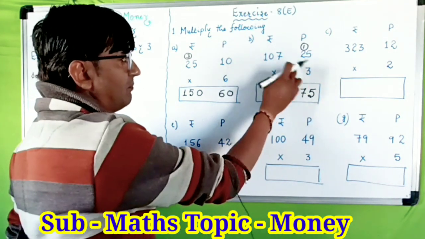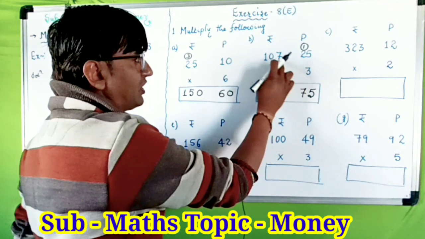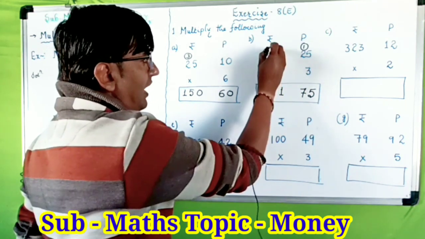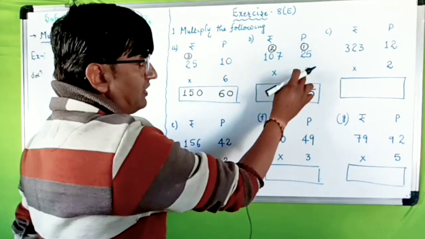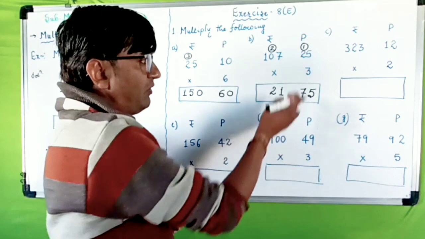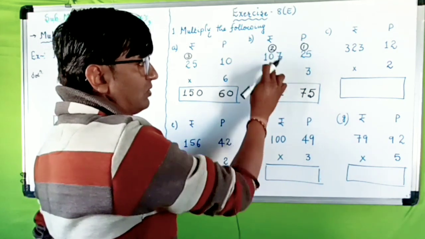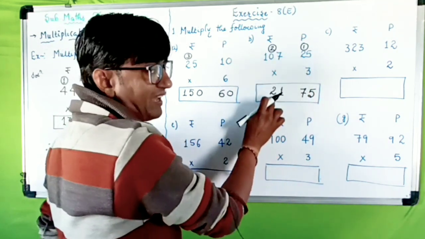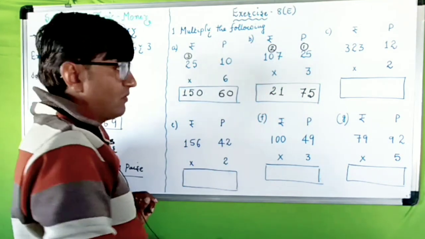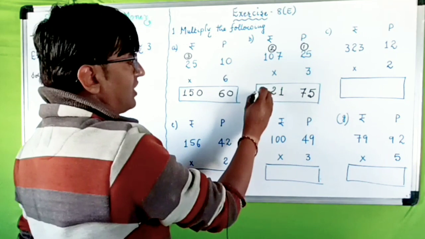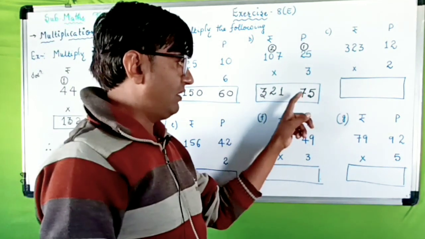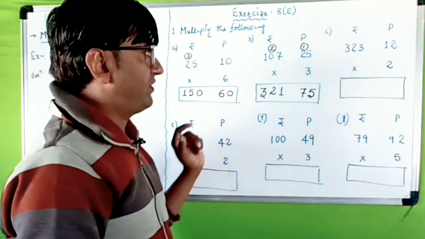Now we multiply with the rupees column. 3 sevens are 21, 1 down and 2 carried forward. 3 into 0 is 0, plus 2 is 2. Then 3 ones are 3. So 321 rupees and 75 paise.